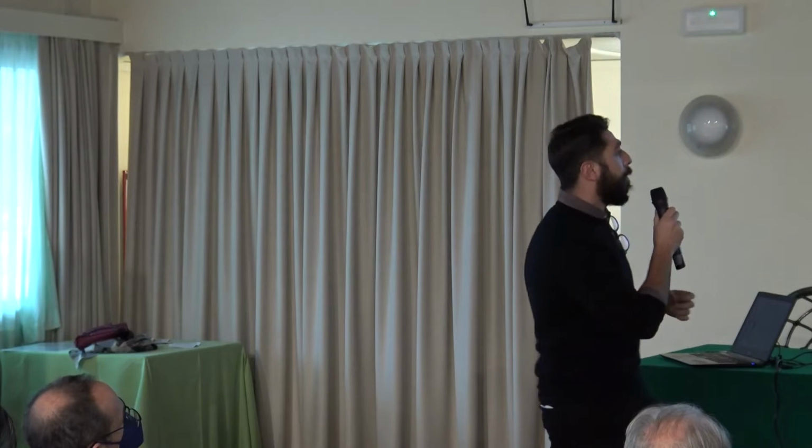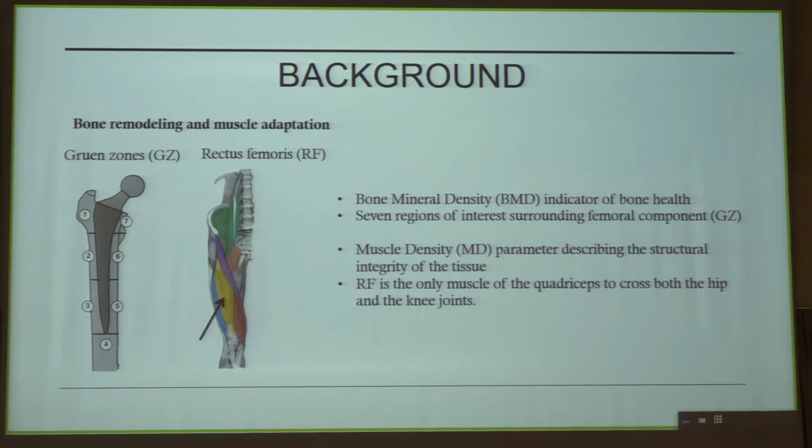And then we also integrated a muscle density parameter of the rectus femoris, which is the muscle of the quadriceps that intercepts the hip and the knee joints. Okay, so these measurements from these two tissues are what we are using to feed our model for predictions.